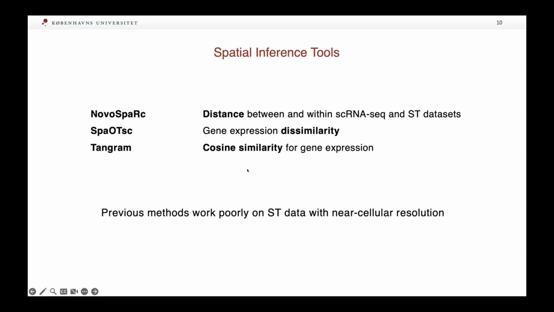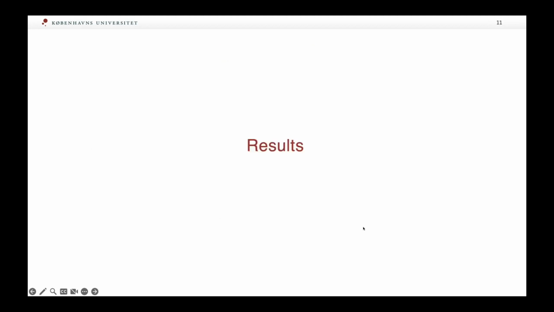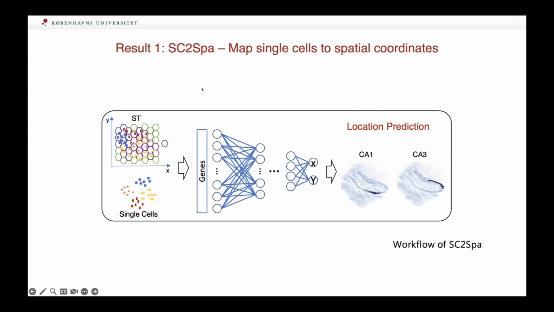But when it comes to a large dataset like Stereo-seq V2, near cellular resolution ST data, they don't work as well as they do on small datasets. And that's why we need a new tool that can be applied to large datasets from near cellular resolution ST data or even higher resolution ST data. And that's why we developed SZ-SPA.